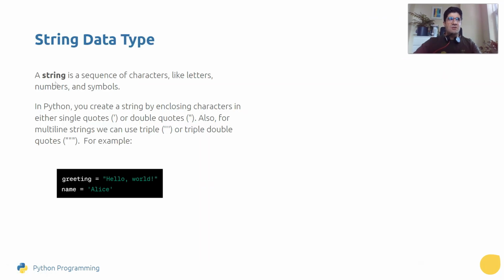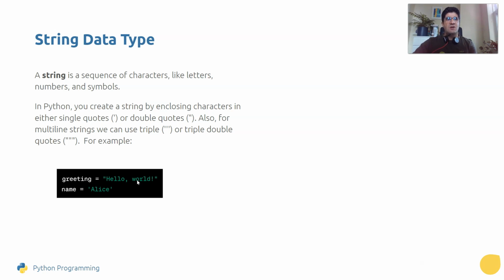So in fact, a string is a sequence of letters, numbers, or symbols that we put together and enclose between a single quote, double quote, triple single quote, or triple double quote to create a string. I think this is one of the differences between Python and other programming languages.